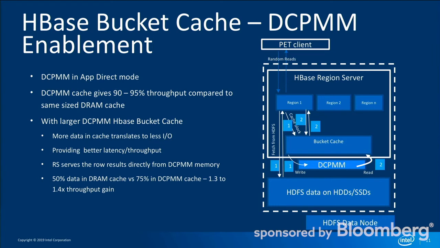So in the testing and the work that they did, enabling the HBase bucket cache for DCPMM support, they found that you could actually increase the throughput, particularly in the test that they ran comparing 50% data in DRAM cache to 75% data in DCPMM cache, almost, not quite, 1.5 times throughput performance by making this change. By the way, this bucket cache optimization for DCPMM, I believe, has been pushed out to the open source community.